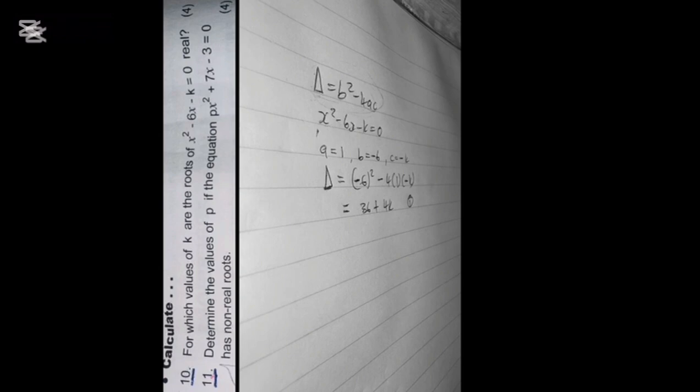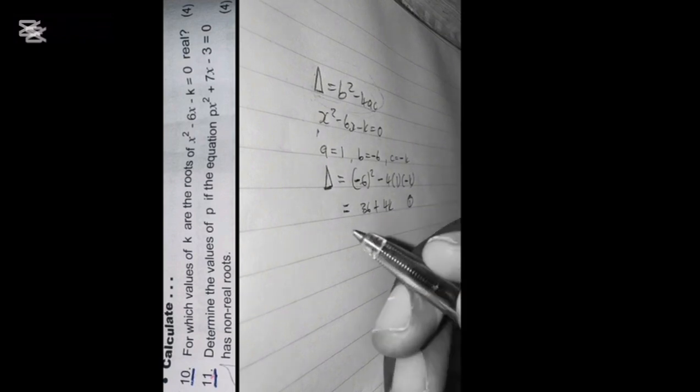Then the next step is to check the nature of the roots given in the question. We're given that our roots are real in this case. And when our roots are real, it implies that the discriminant is greater than or equal to 0.